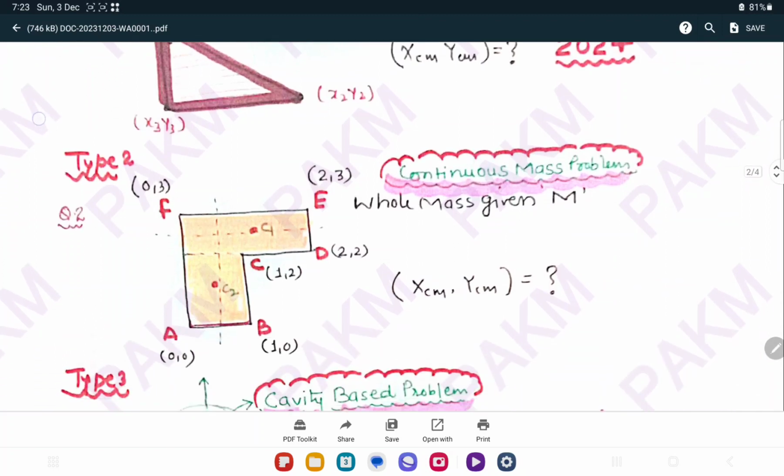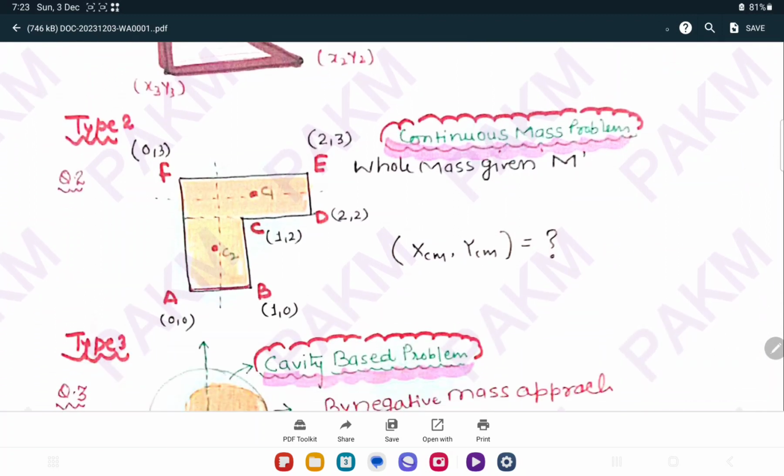Next, the problem is a continuous mass problem, that's why I have mentioned continuous. Here you can also make it a discrete body, like this is body number 1 and this is body number 2.